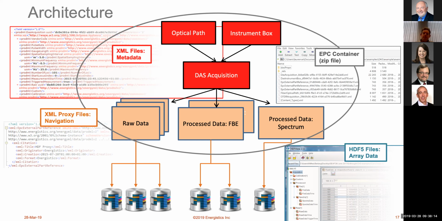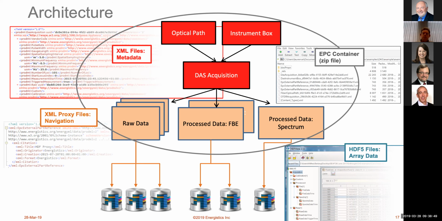And then there's a layer which is colored sort of light brown, where it says raw data, process data FBE, and process data spectrum. These are what's called XML proxy files, and their role is really navigation. So the DAS acquisition file will tell you, okay, we've done this acquisition with these properties and this processing, and some of these acquisitions may result in many, many files, seismic type applications, for instance, and the triggering that Wilfred was talking about.